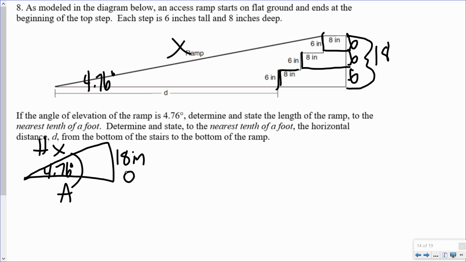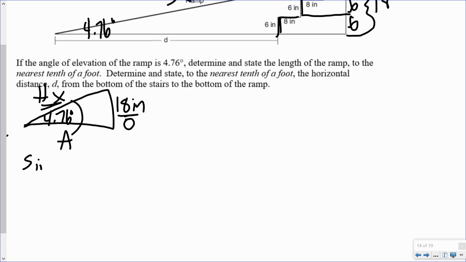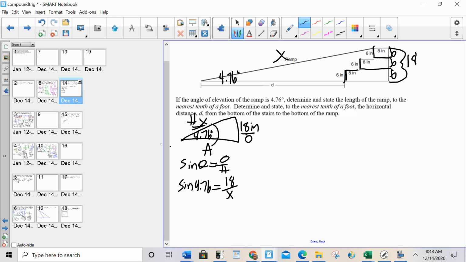SOH-CAH-TOA. O is involved, H is involved, sine. Sine theta equals O over H. Sine 4.76 equals 18 over x. Go to your calculator.